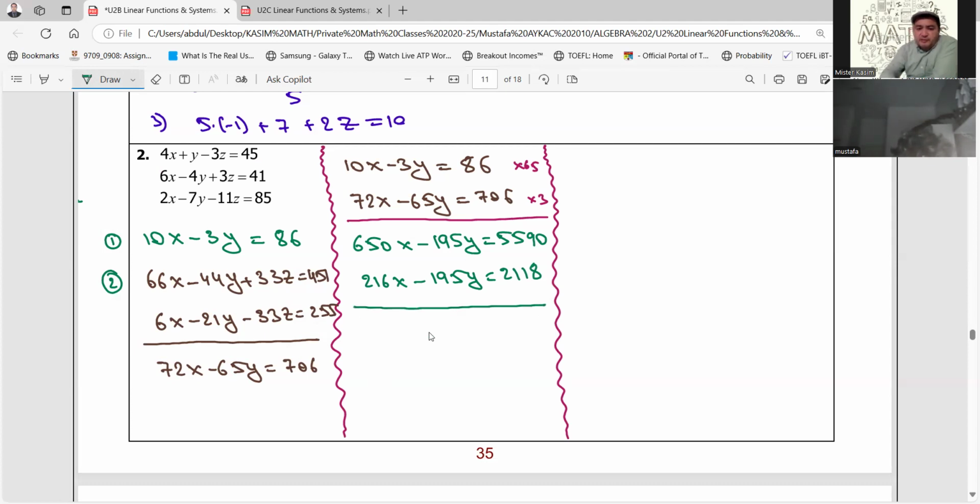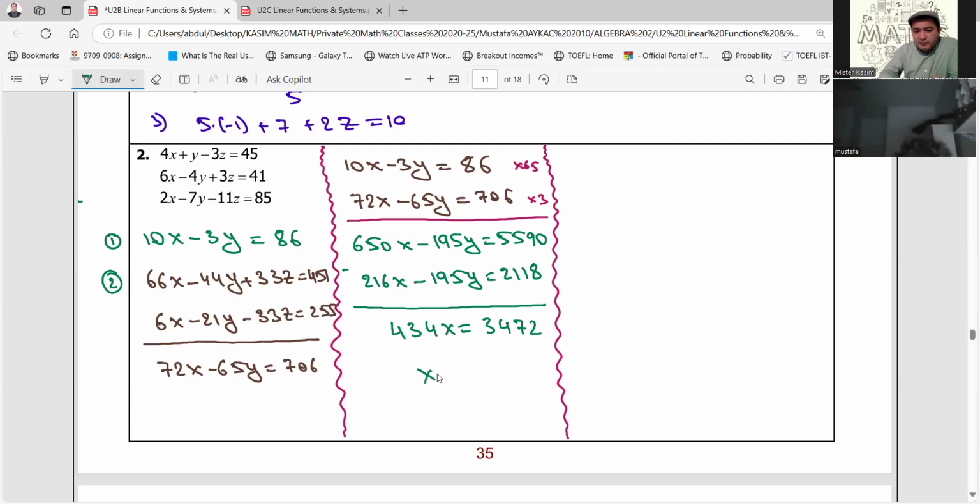We need to subtract. If you subtract 650 minus 216, that's equal to 434x. And here we have 5590 minus 2118, that's equal to 3472.